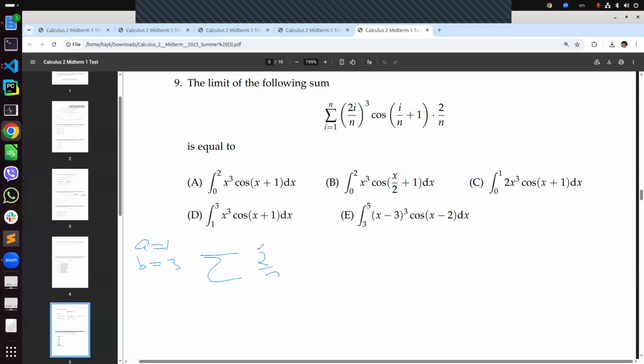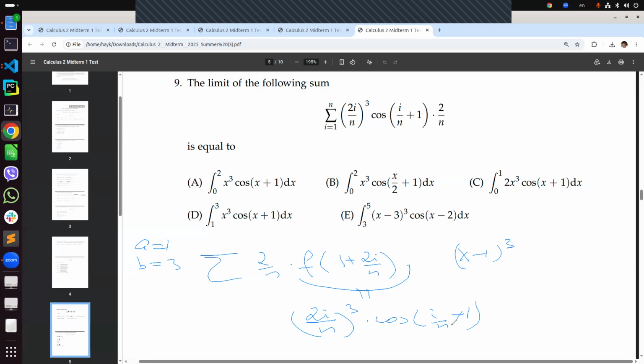Okay, 2 over n as the length is 2, but f of 1 plus 2i over n, which means f of 2i over n is 2i over n cubed times cosine of i over n plus 1. If 1 plus 2i over n is our x, then 2i over n will be x minus 1. Our function will be x minus 1 cubed.